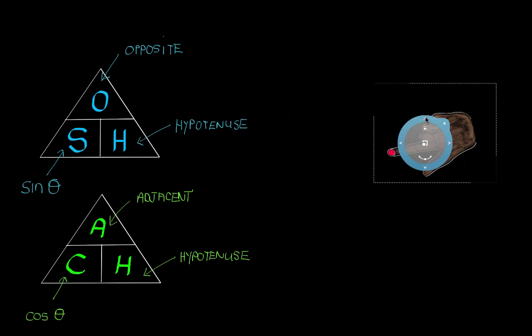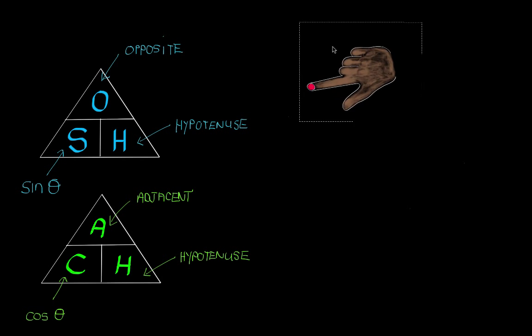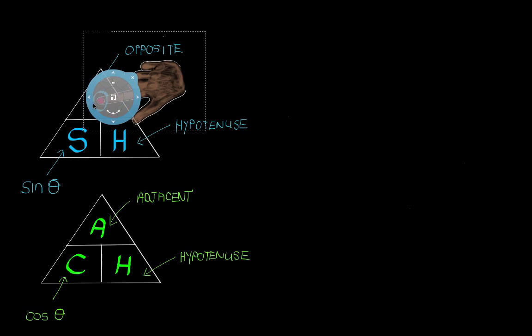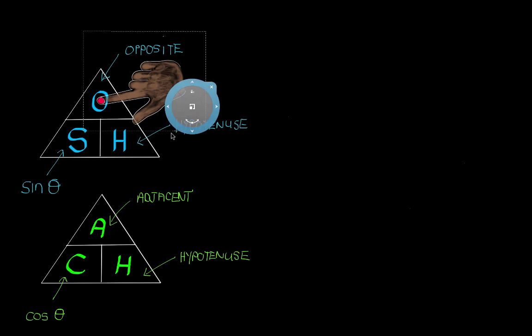If we want to actually find the opposite side, we would put our finger over the O. And if we do that, we notice that the S and the H are side by side. That means they times each other together. So the opposite side is equal to the sine of the angle times the hypotenuse. And we already learnt that from our previous lessons.